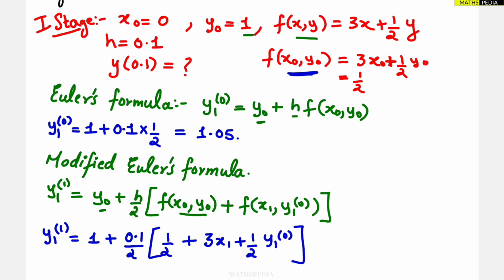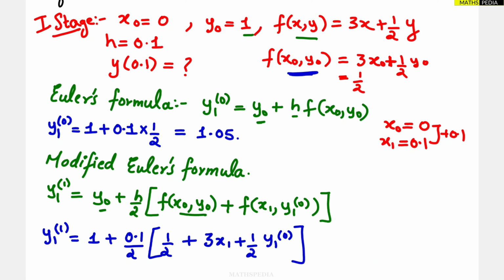Now you'll ask me, what is the x1 value then? This is quite important. In the first stage, the x1 value is basically the previous value. For example, we started with x0. x0 is 0. Next we are adding 0.1. We are getting 0.1. This will be x1, and so on. If you add again, it will be x2.